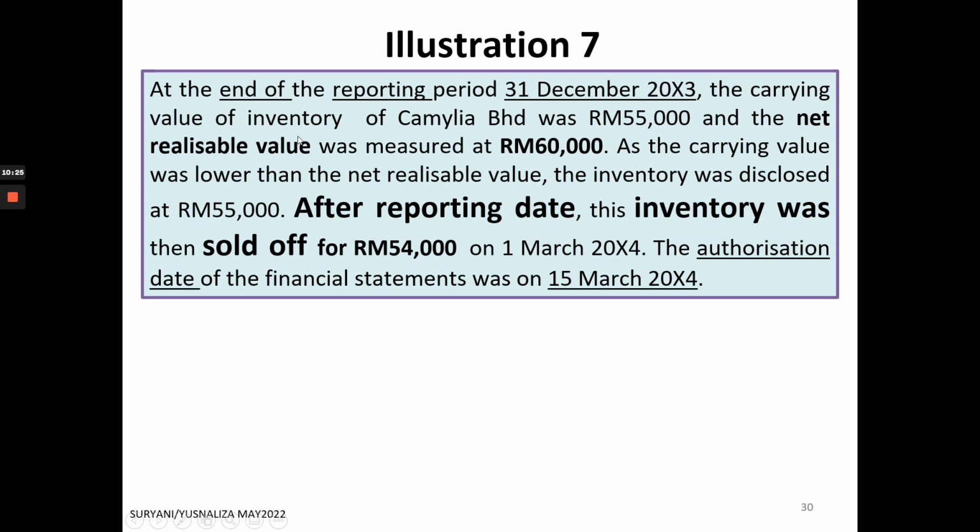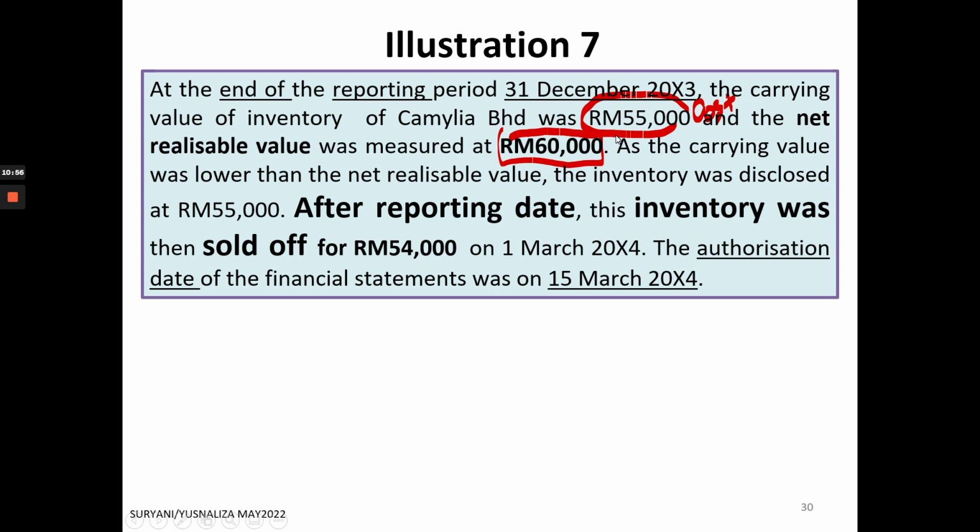2000x3. The carrying value of the inventory was 55,000. This is the cost of the inventory, the carrying value at cost, and the NRV was 60 million. So here you can see the NRV is higher than the cost, so the asset will be measured at cost of 55,000, as MFRS 102 states that inventory must be measured at the lower of cost or net realizable value.